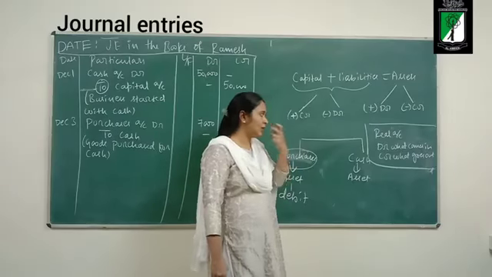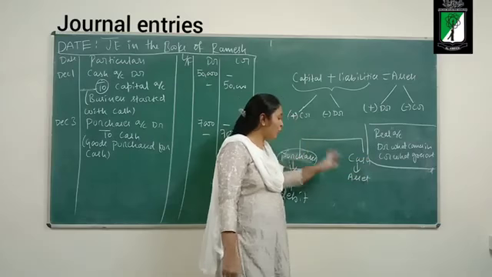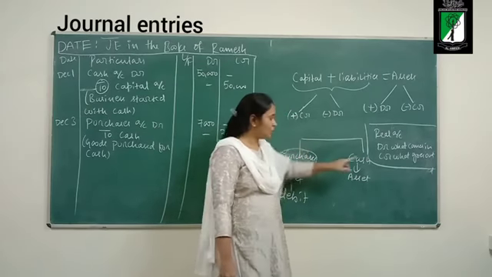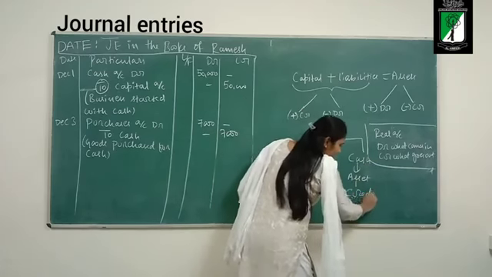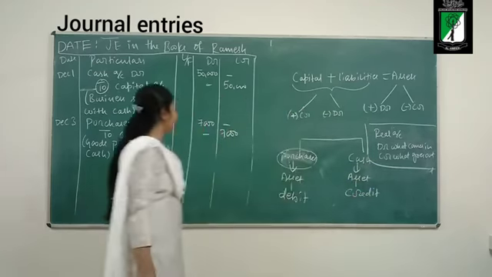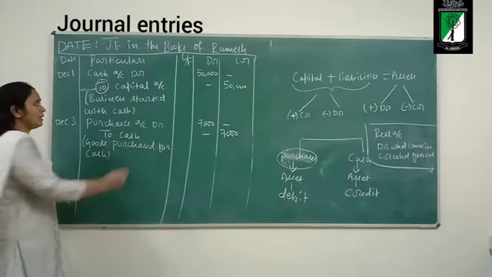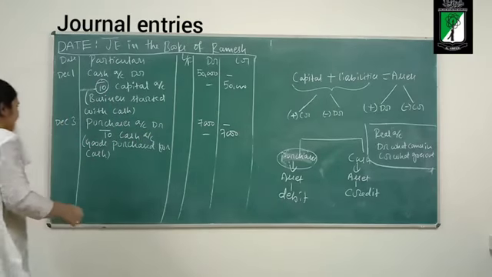Real account rule. Debit what comes in, credit what goes out. So what is happening to my cash here? It is going out. So I should credit cash. So what is the journal entry? Purchases account debit to cash account. So this is the journal entry.